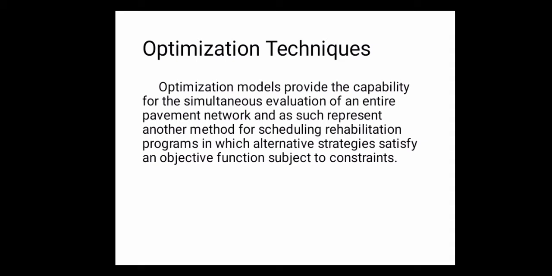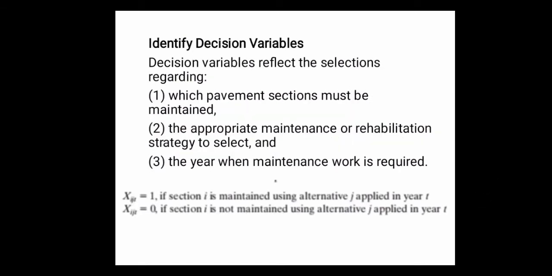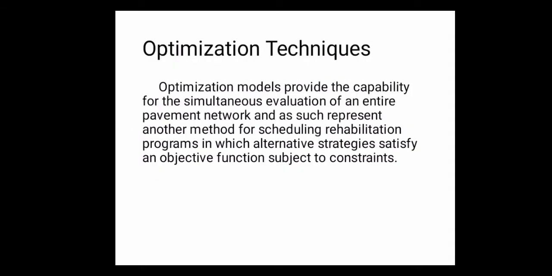Optimization involves the following. 1. Identify the decision variables and determine optimal values. 2. Formulate an objective function to be optimized. And 3. Establish the constraints of the model.